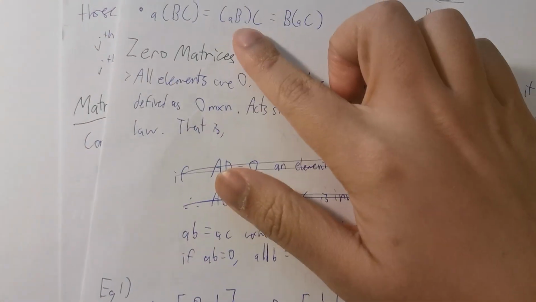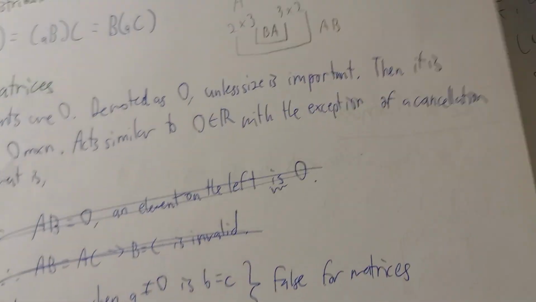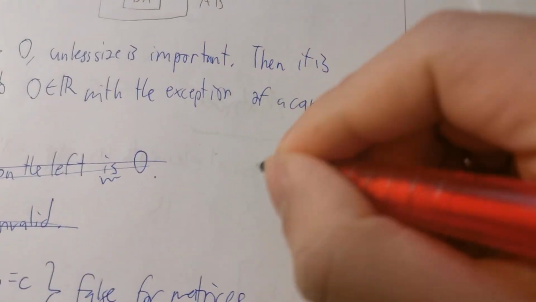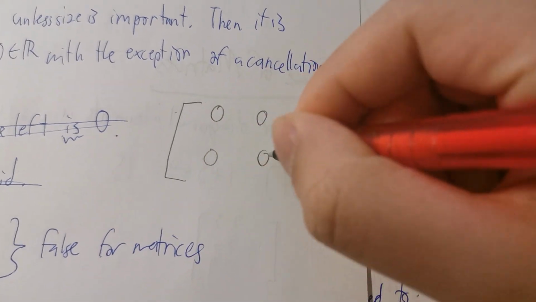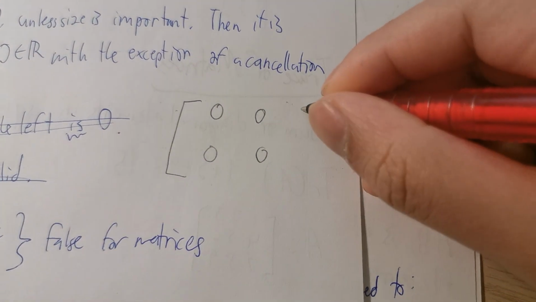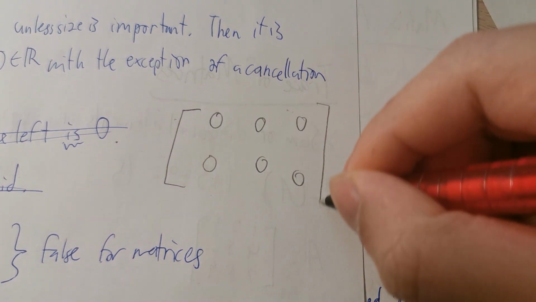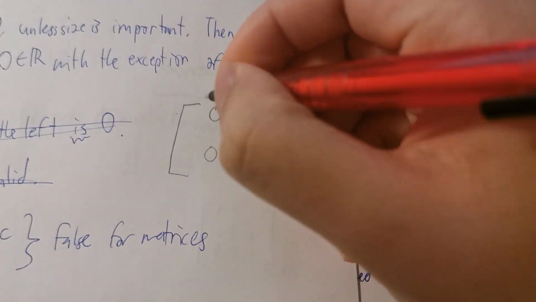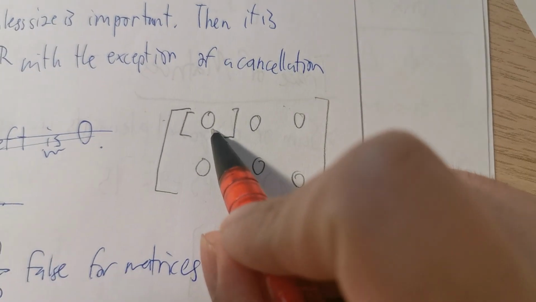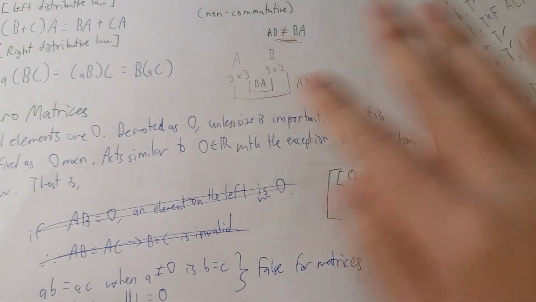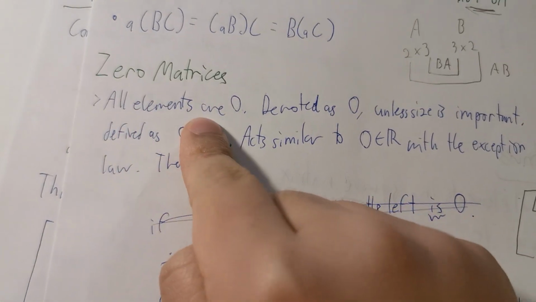But moving on, there are zero matrices, and this is like zero for a matrix. It's just a matrix of zeros. It looks something like this: 0, 0, 0, 0. It can be any kind of shape. It can even be just one cell. That's a zero matrix. As long as the matrix is just a bunch of zeros, so all the elements are zero, it is a zero matrix.